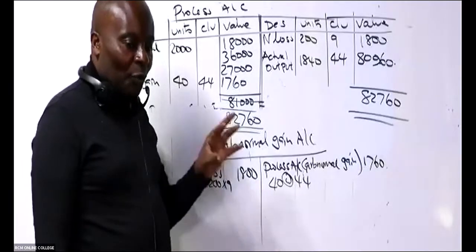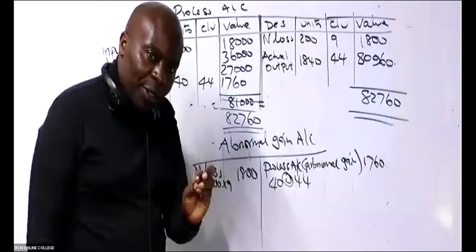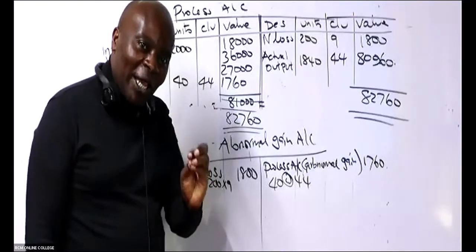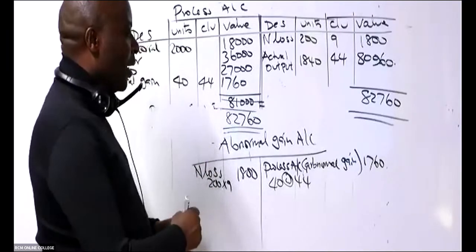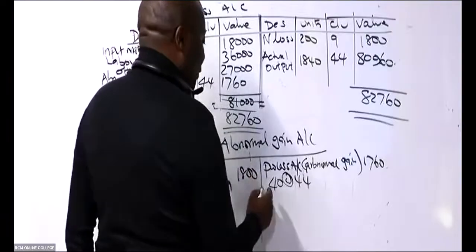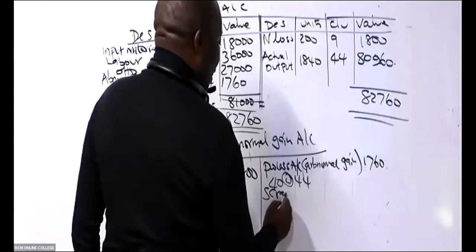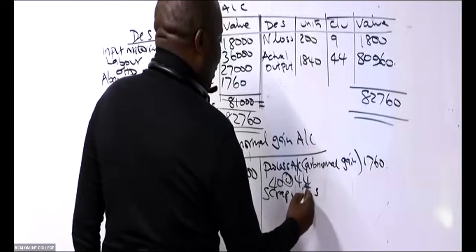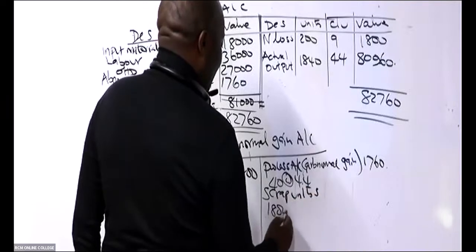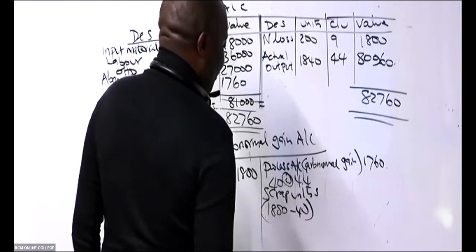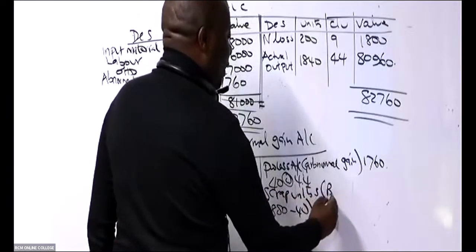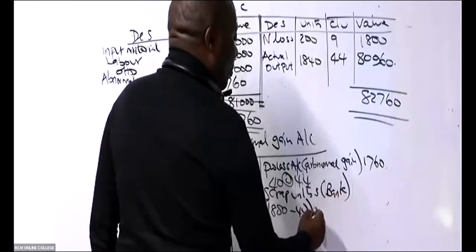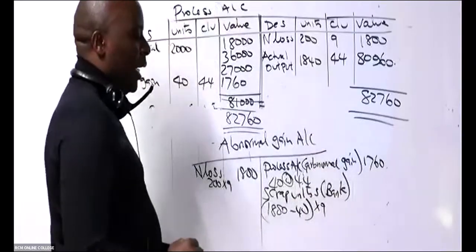So out of 200 expected loss, there is an abnormal gain of 40. So basically, in this case here, the scrap units will be 200 minus that 40. We shall sell them at 9 bob and receive the money in our bank account.